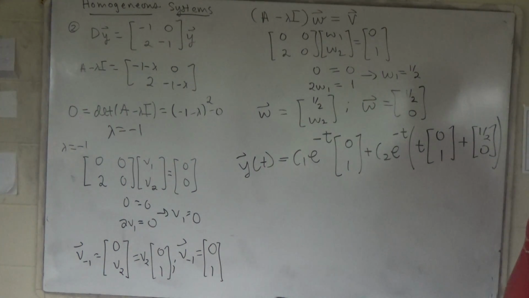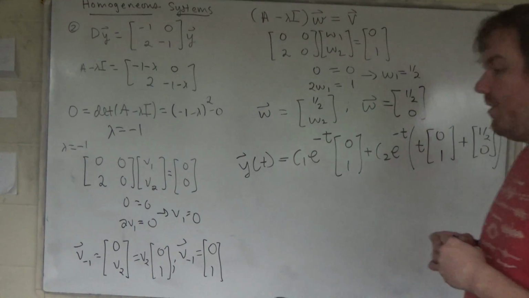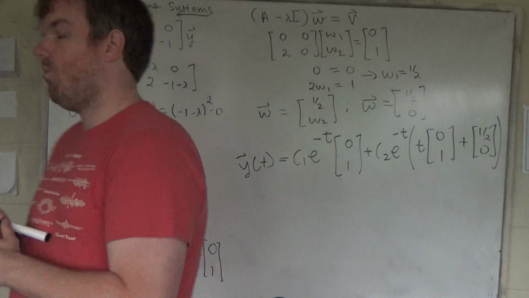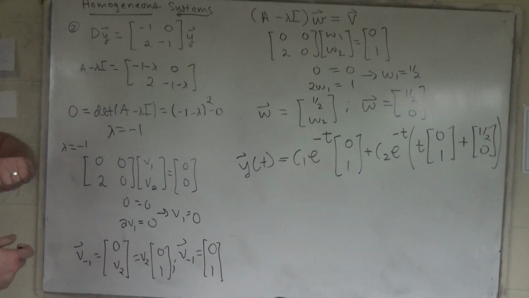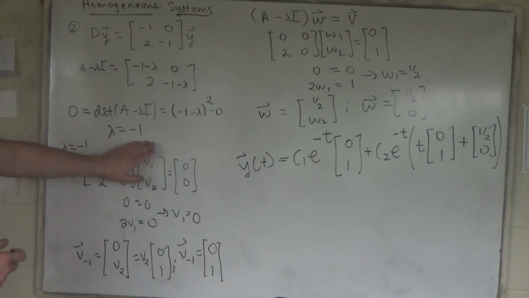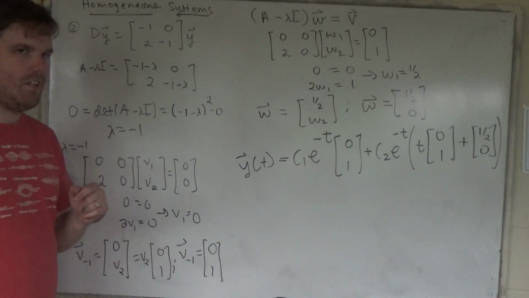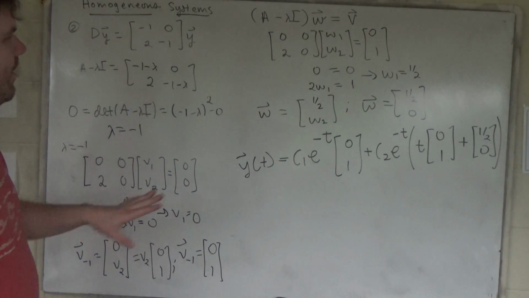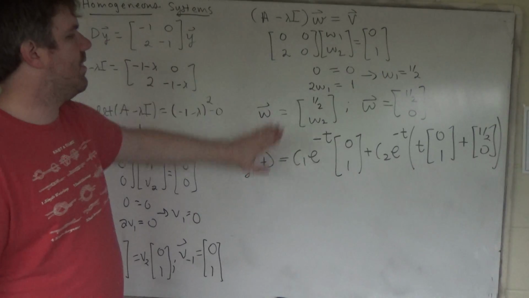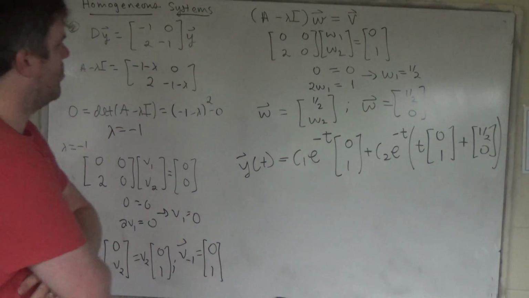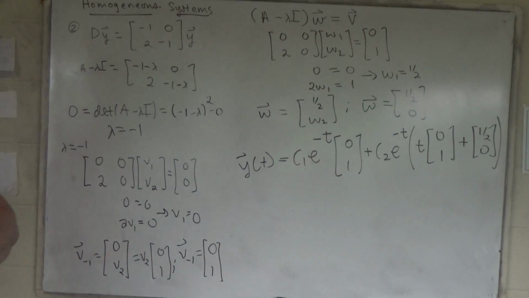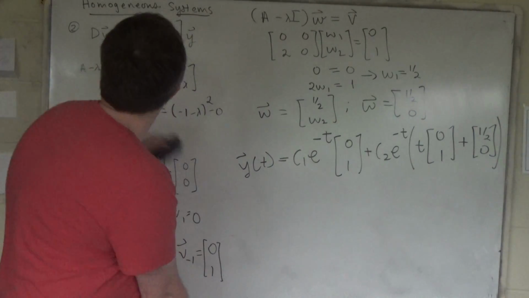And that's it. So the procedure is pretty much the same, but what we have to make sure of is that if we run into a repeated eigenvalue that didn't have distinct eigenvectors, we have to do this separate calculation and remember the special form of the solution.